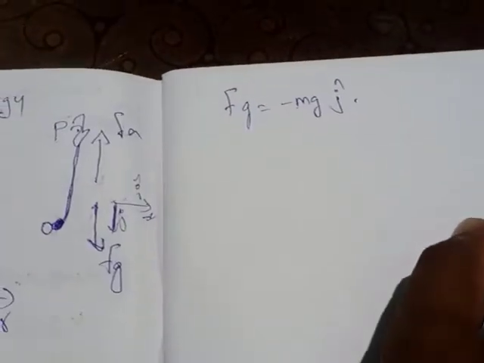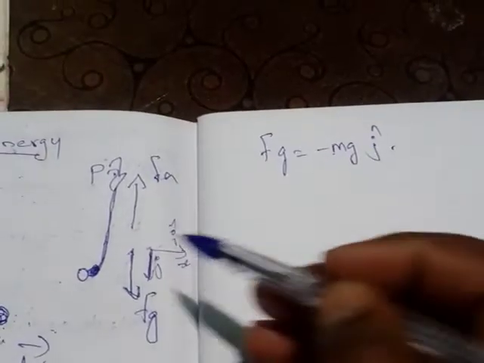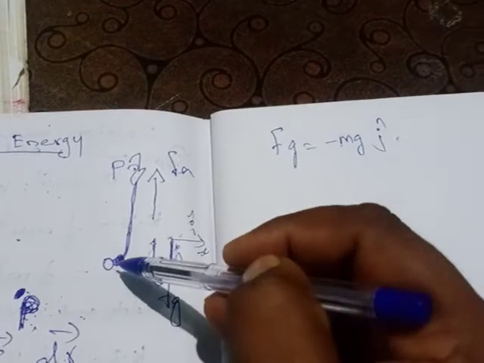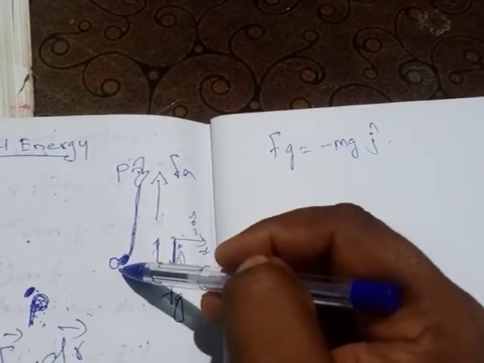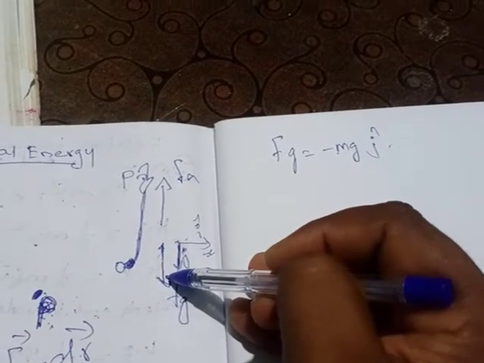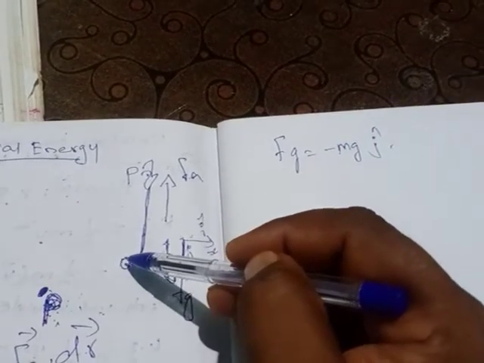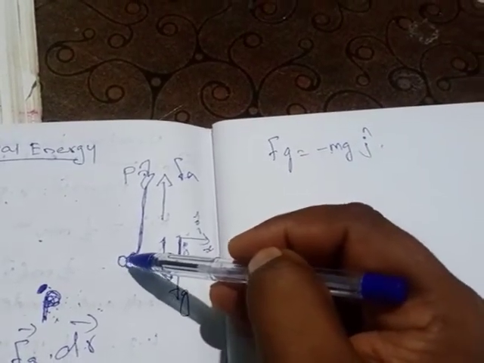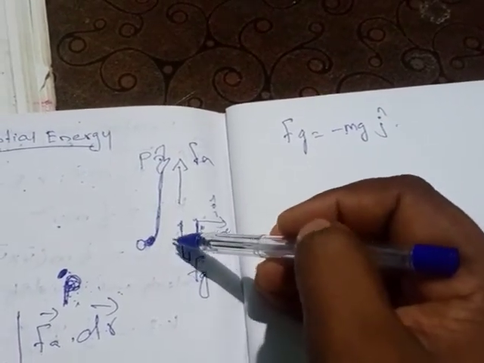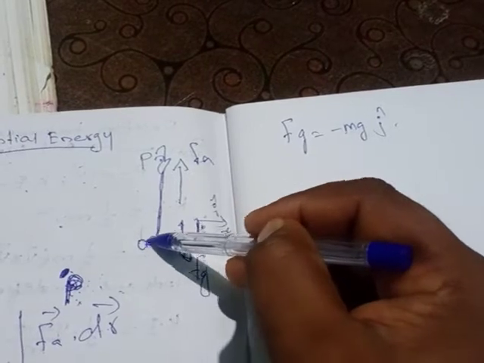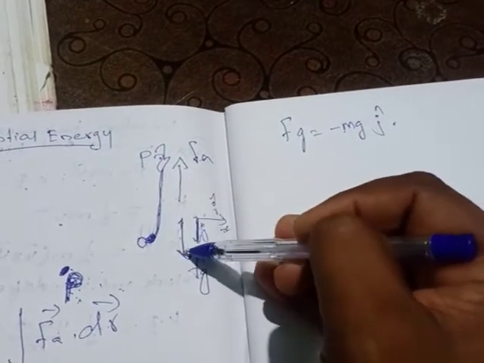Now we know that when I am applying some external force against the gravitational force, this external force is equal to the gravitational force, but in the opposite direction.